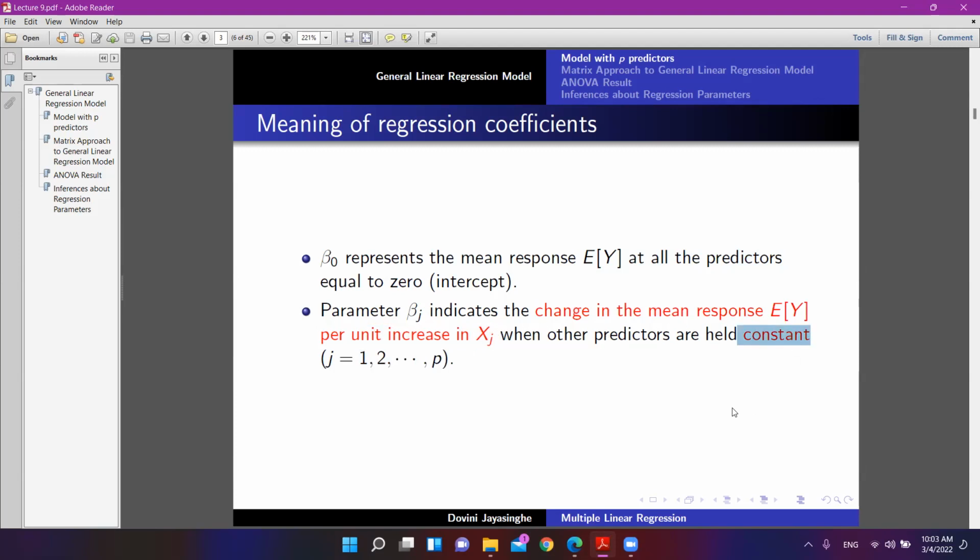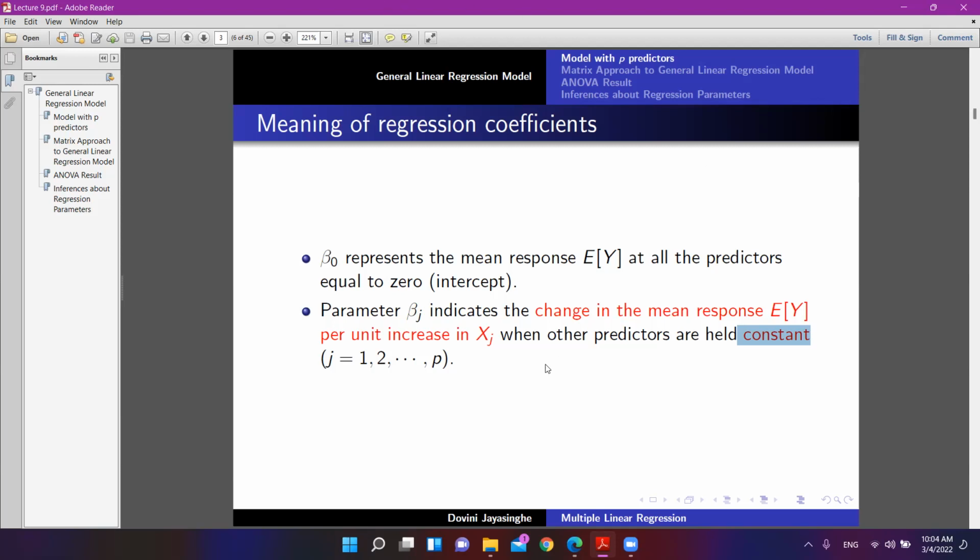When we talk about simple linear regression, how did we interpret our beta values? A unit increase in x will result in y increasing or decreasing, depending on the sign, by beta 1 units. That's how we interpret it.